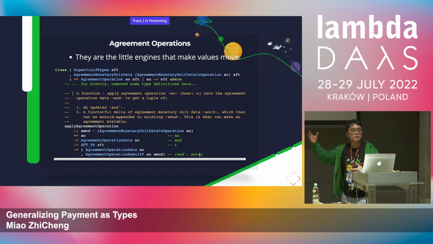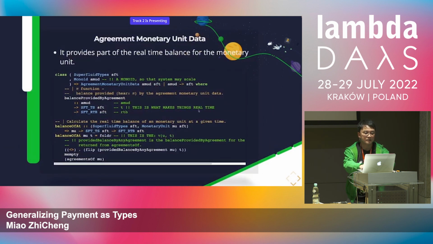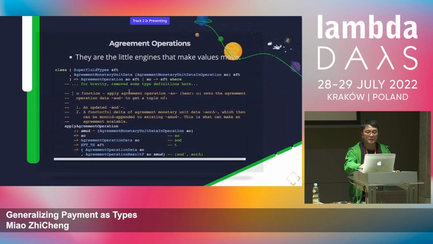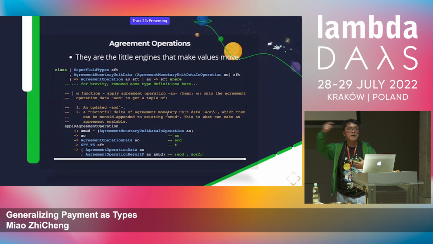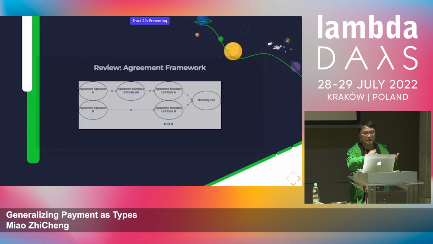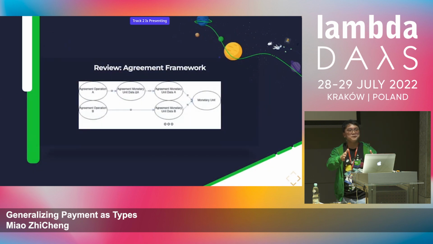Because real-time, you can add value to the previous. Sorry, I think I forgot to mention: because this monetary unit data is a monoid, by generating a delta, you can then add it back to it. So that's why it is like that. It's probably a bit abstract at the moment, but I promise you will see why it's all like that, all the concepts building up.